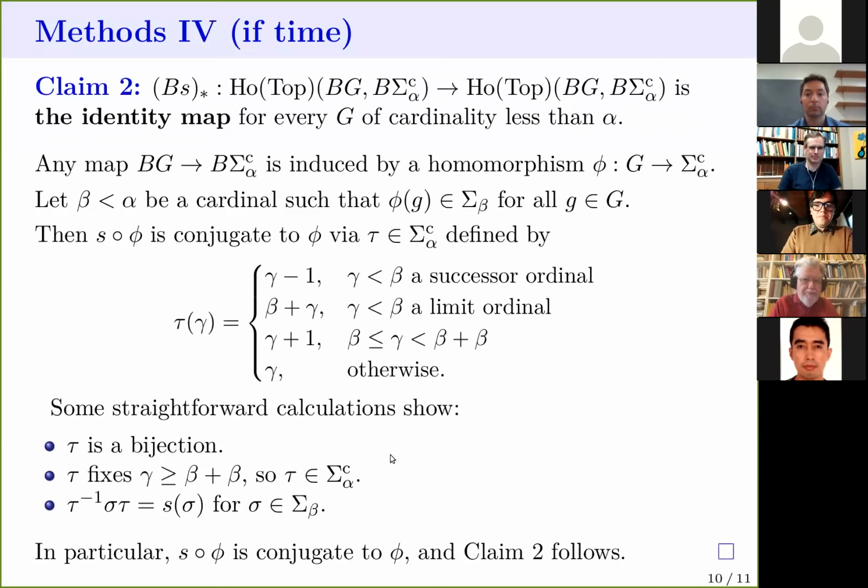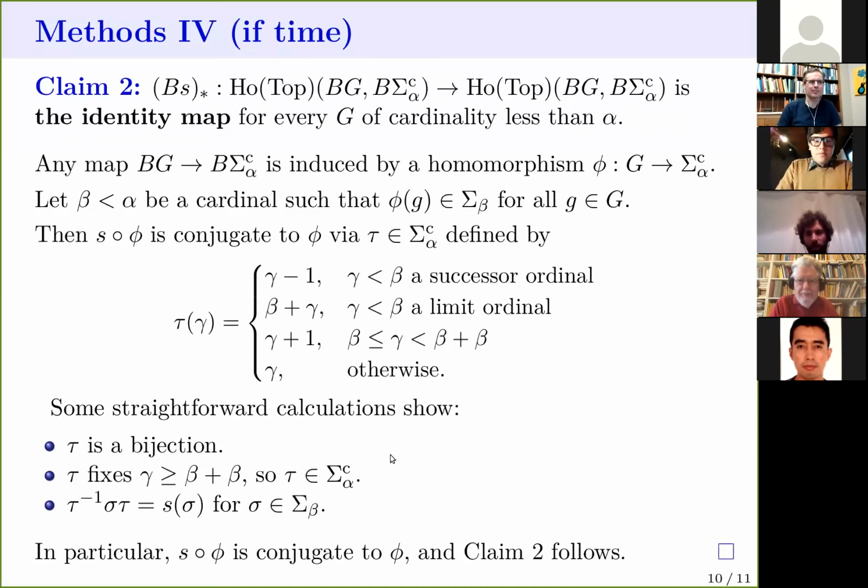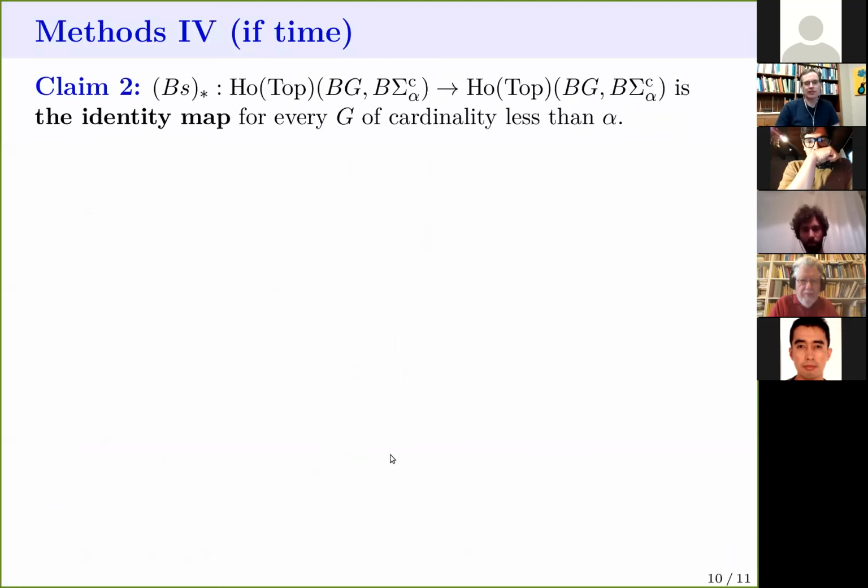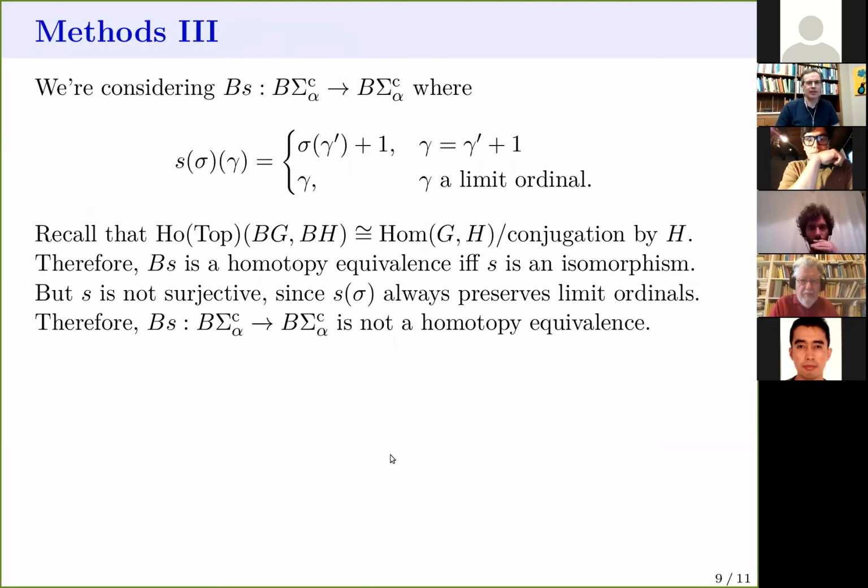Thanks for the question. And sorry, perhaps you said this already, but for the case of spheres, is it easy to understand the concrete map, which is not a homotopy equivalence, and induces isomorphisms in all these sets? Well, it's essentially the same sort of thing.